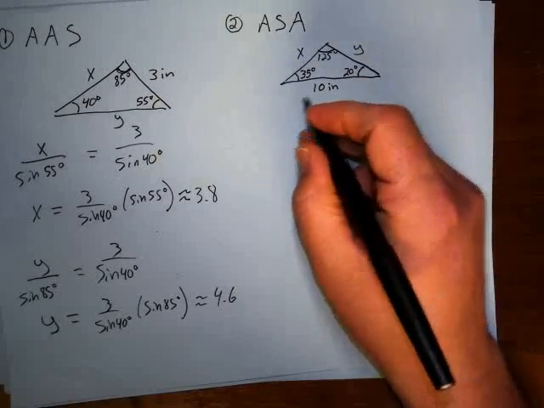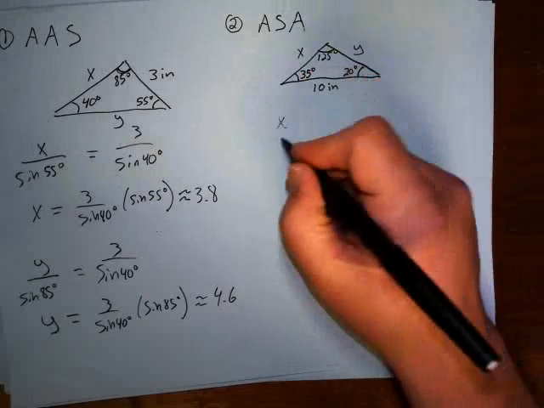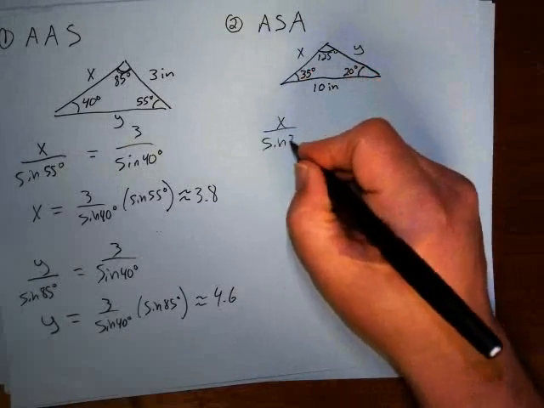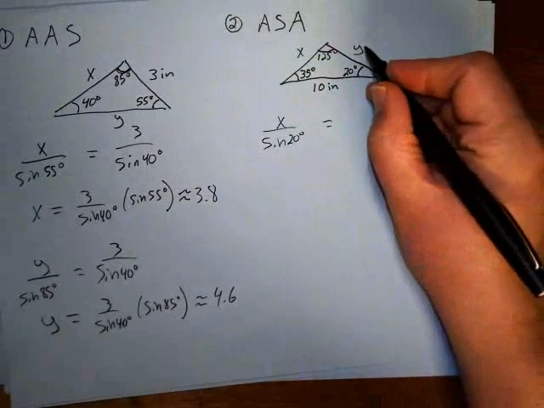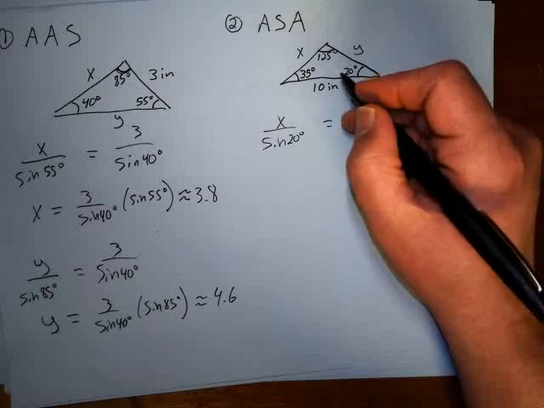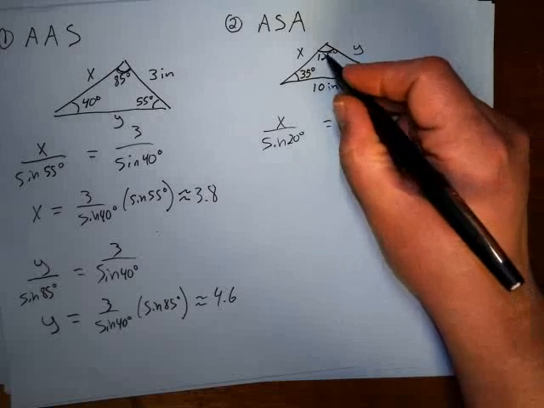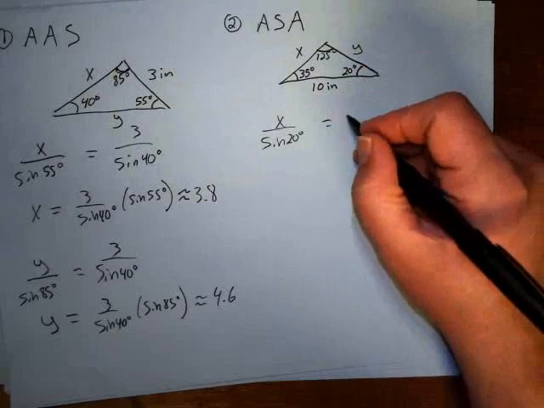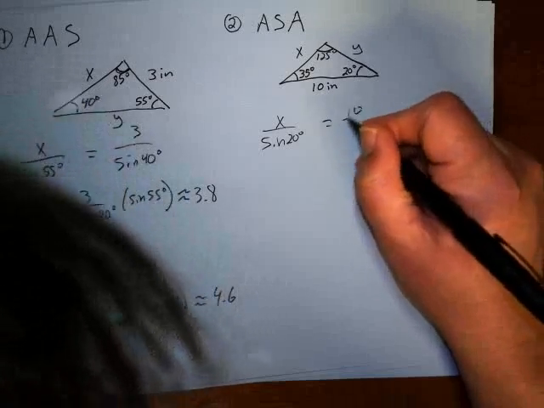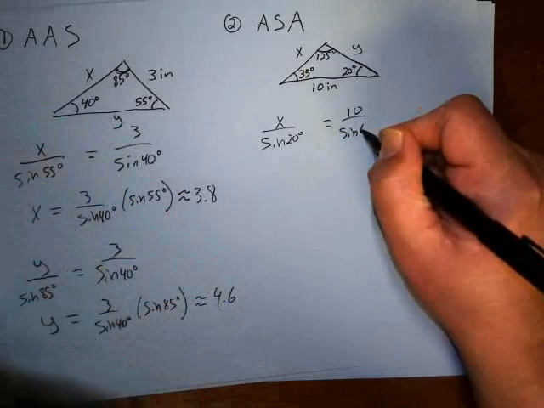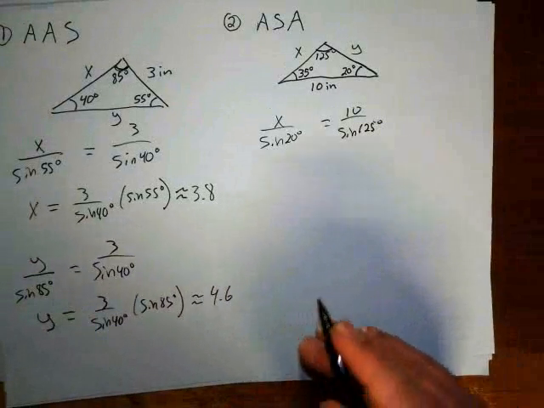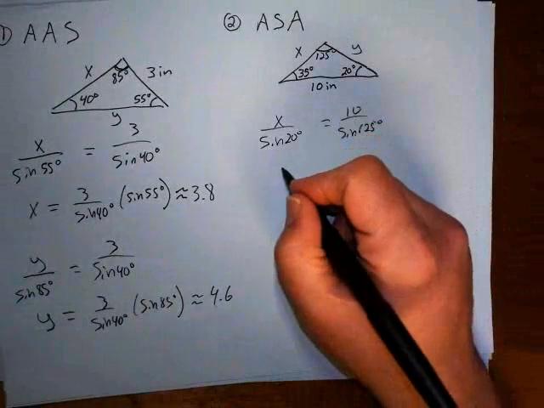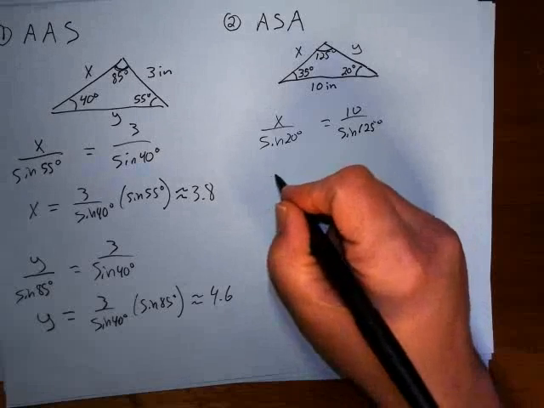And so basically I have x is to the sine of 20 degrees as 10 inches is to sine of 125 degrees. Okay, so let's see here.